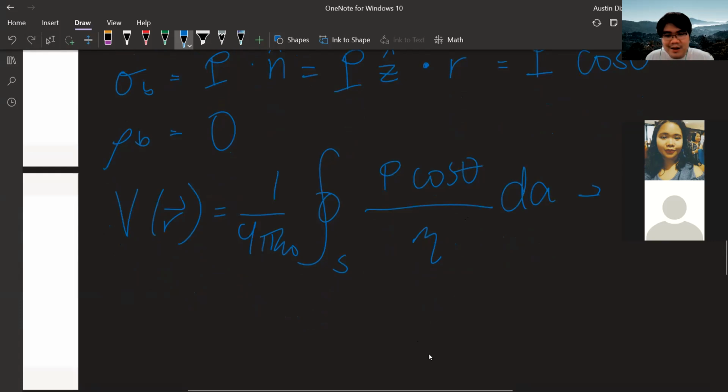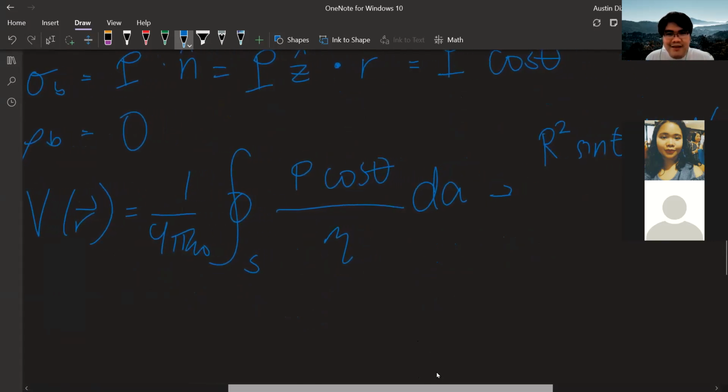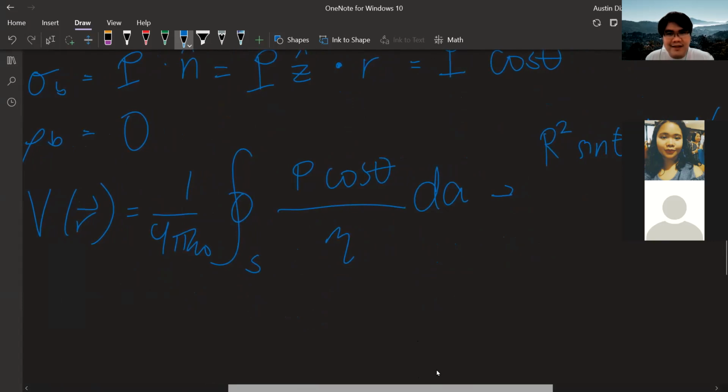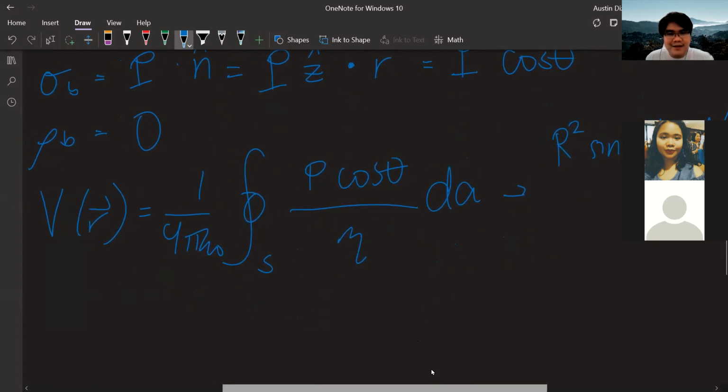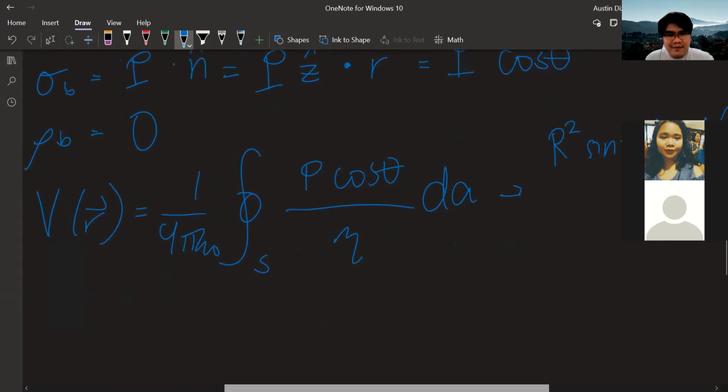Will you proceed sa integration? Di po ako sure, sir, pero magagamit po ba siya yung Gauss law?